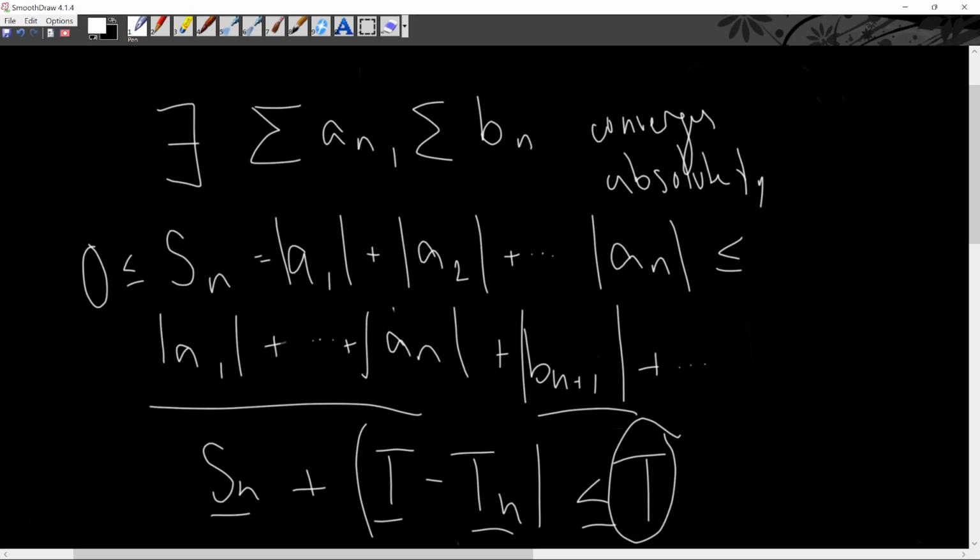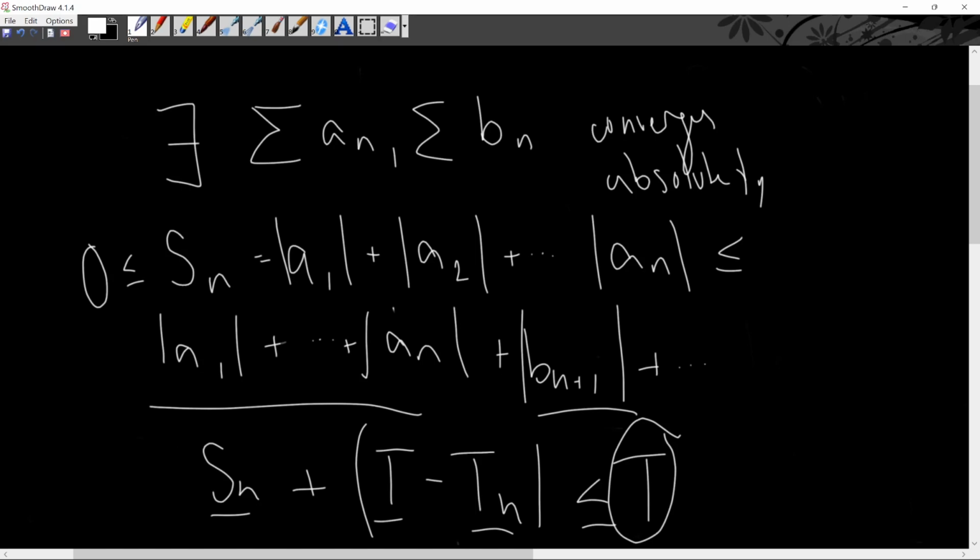That's it. So every term, like a1 will be less than b1, and a2 will be less than b2, or less than or equal to. But because a sub n is inherently less than or equal to b sub n, because that's what we defined, s sub n plus t minus t sub n will be less than or equal to the actual series for t.